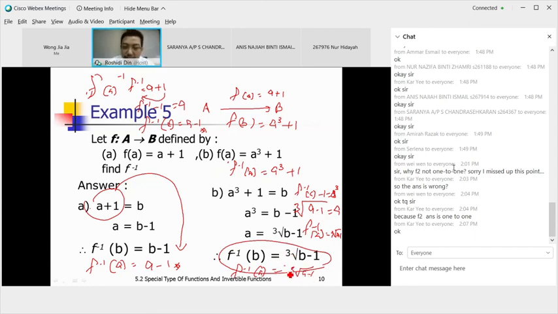So this is the answer. Once we find an inverse function, we deal with the function itself, so we need to solve the problem like this solution.